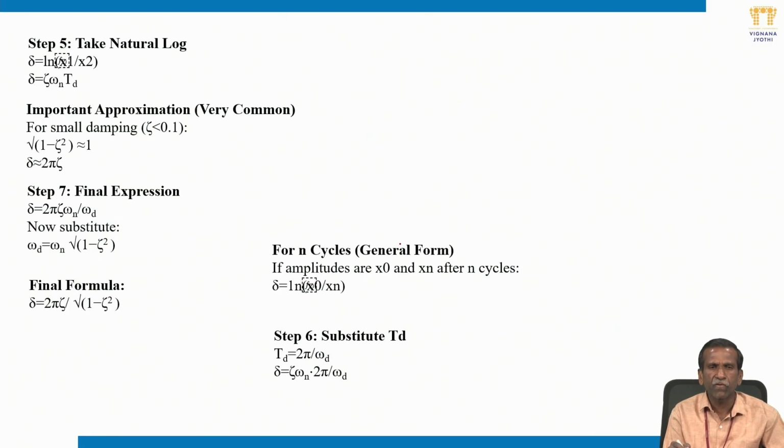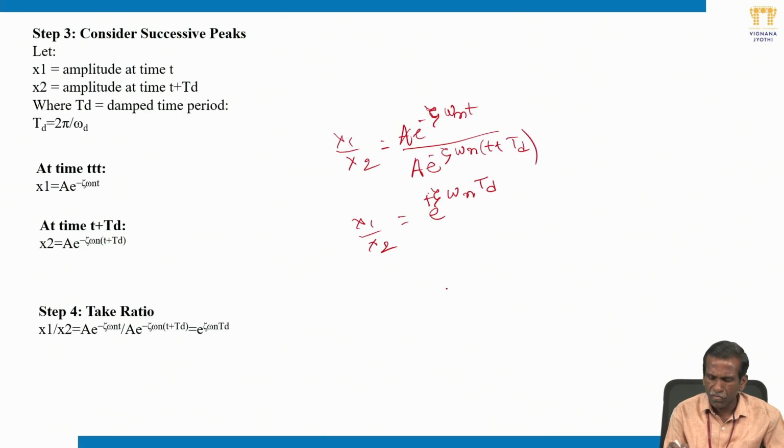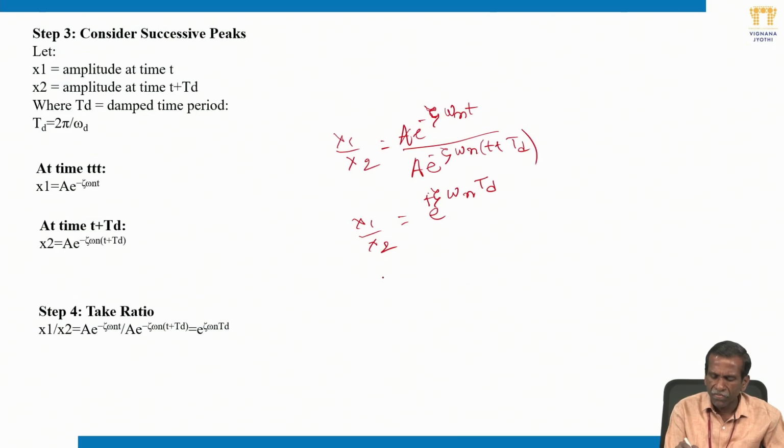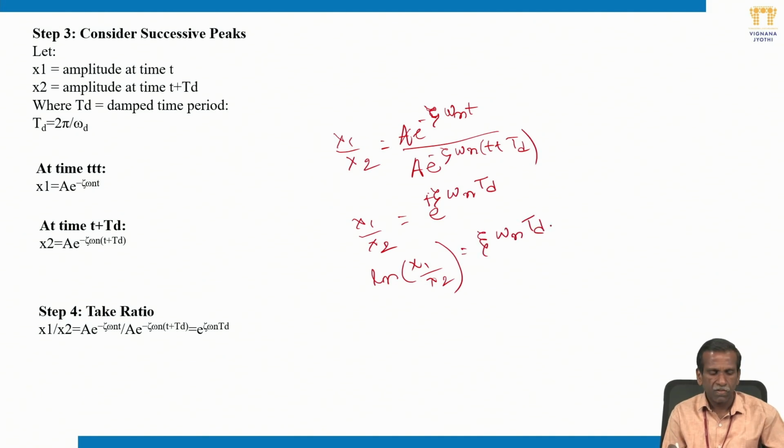Then if you write the natural logarithm of x1 by x2, it becomes zeta omega n td. Okay, so this is quite clear.